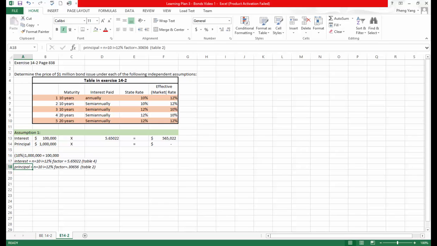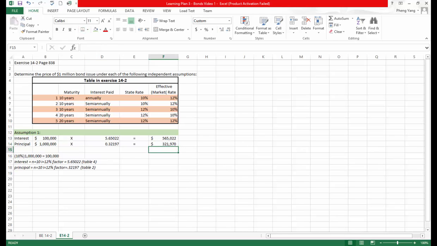So if you look at table 2, our factor should be 0.32197. So let me just enter that in here. And voila, here's my present value of the principal: $321,970.